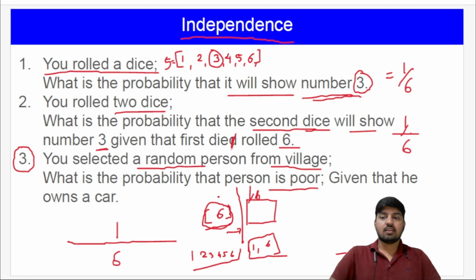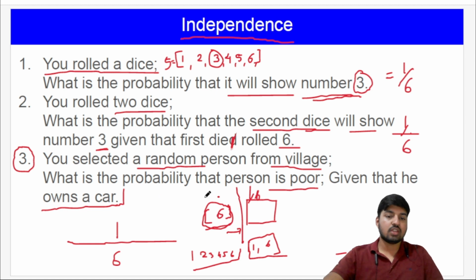I go into a village and meet one person, and I know that he owns a car. What is the probability that he is poor? Owning a car changes the picture, because we know that if he owns a car or has more resources, that means he will likely have less poverty.